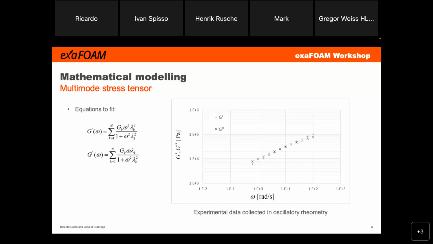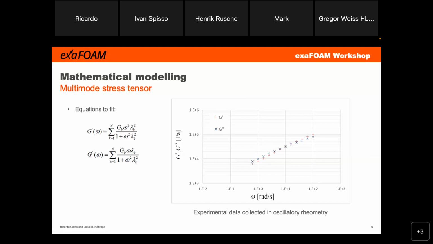when rheologically we characterize the viscoelastic material, there are two parameters that we usually measure. These parameters are the G prime, so the storage modulus, which represents the elastic portion of this viscoelastic behavior.